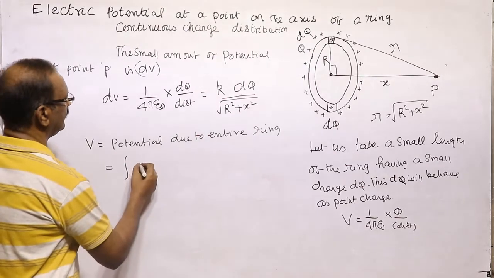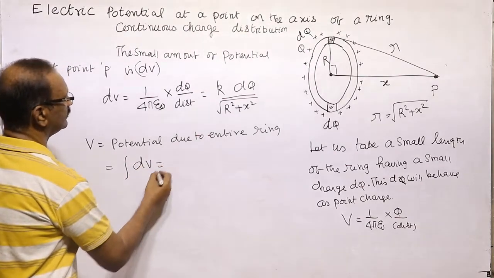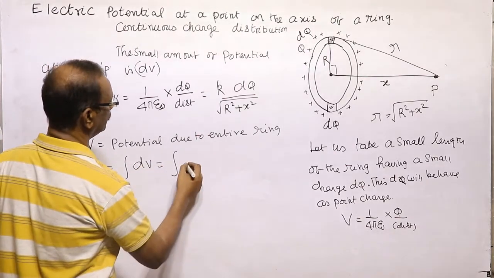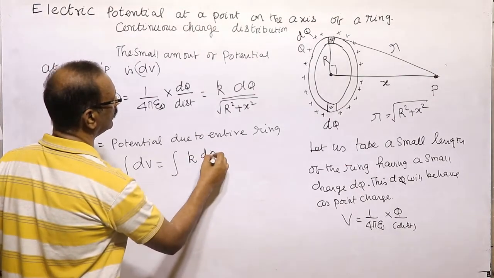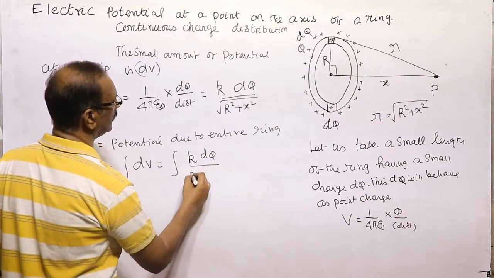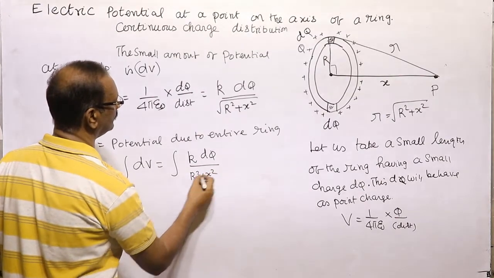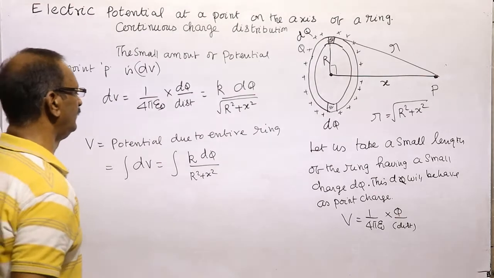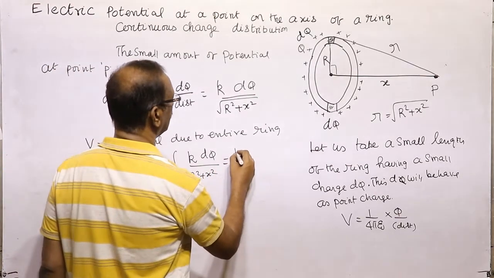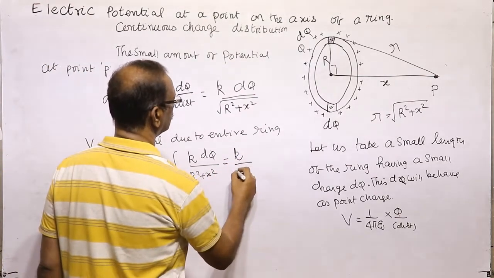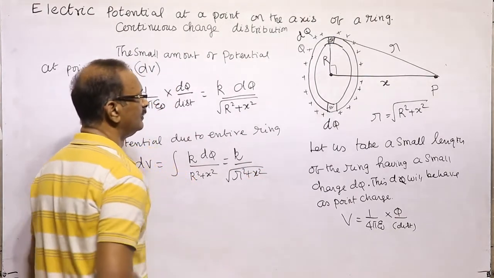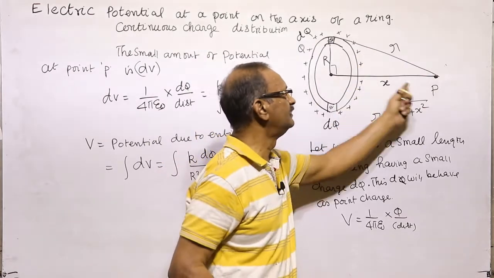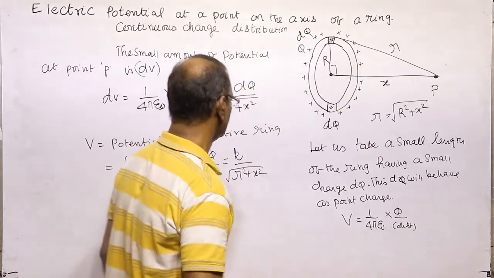That is, integral of dV is equal to K into dq divided by square root of r square plus x square. We can take K and the square root of r square plus x square out, because if this is fixed, this is also fixed. So this is a constant.